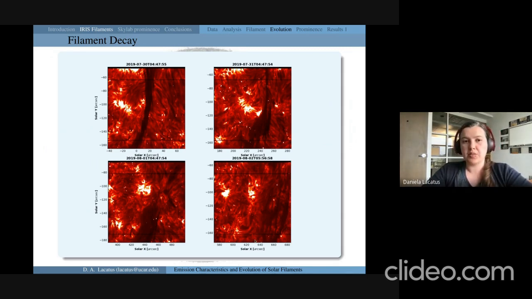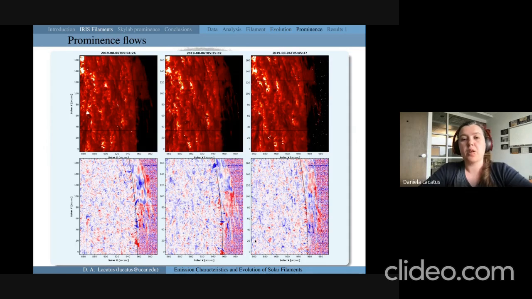And as this filament rotates to the limb, we can observe its characteristics, which are not anymore affected by any disk emission, and we can identify, especially in the velocity field, coherent structures.